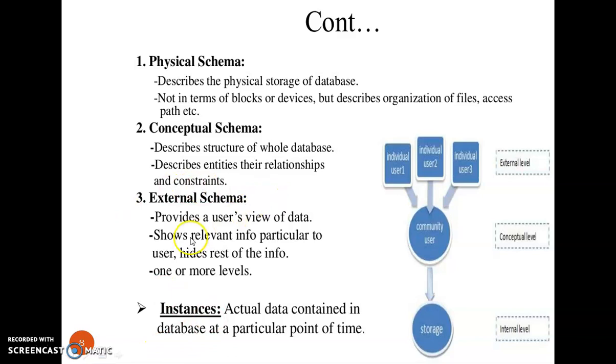External schema provides the user's view of data, and it shows relevant information particular to the user and hides the rest of the information. So in the external level, you can have one or more users acting on it. What I mean by instance is the actual data contained in the database at a particular point of time.